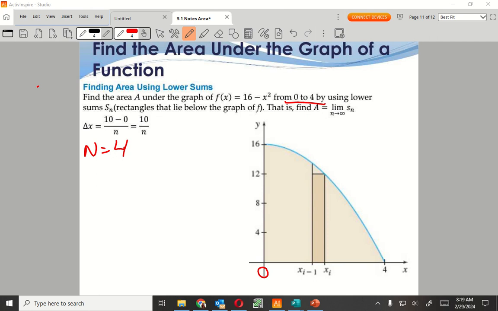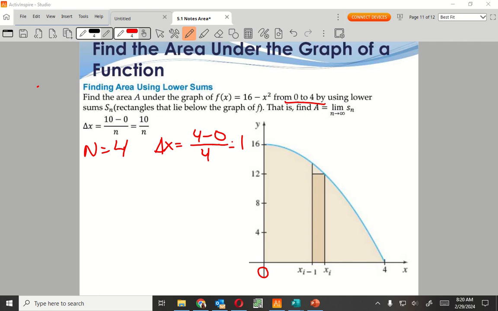Okay, so you're doing another one. What's your delta x? 4 minus 0 divided by, what's my n? 4, which gives me 1. So delta x is 1.